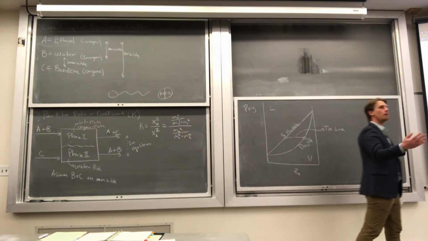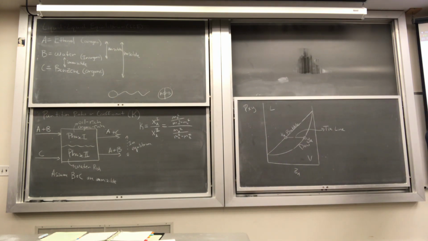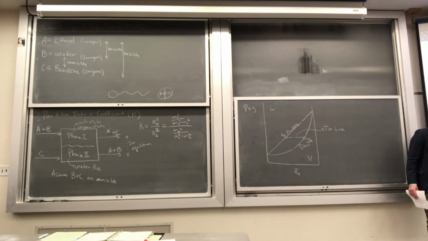So for example, a common question that I like to ask to test if people understand what these diagrams have is, and be prepared, this might be a quiz or exam question: I have 100% pure C. I am going to slowly titrate A into the system.